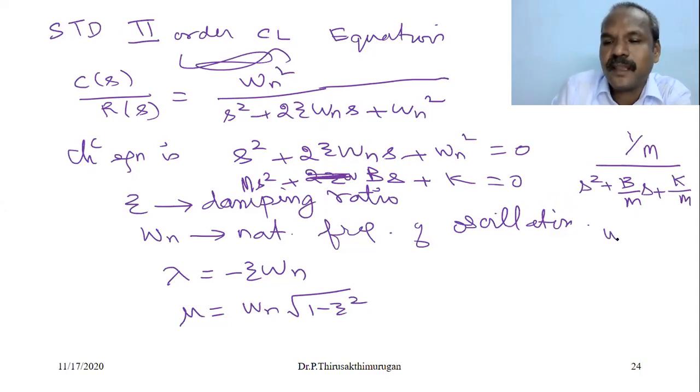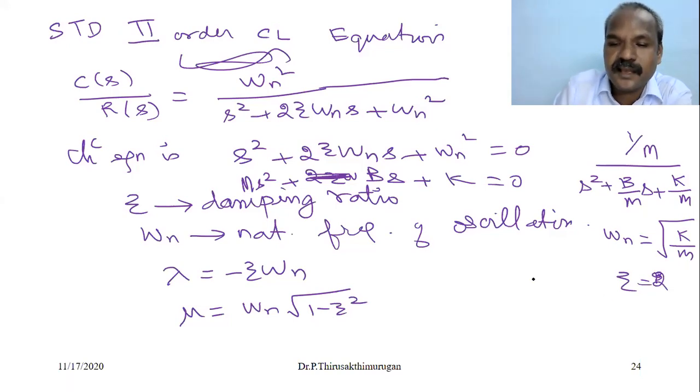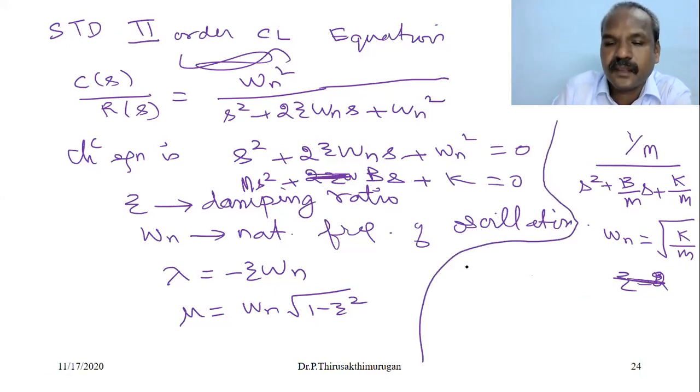So what is omega n? Omega n is square root of k by m. What is zeta? Comparing the s coefficient, 2 zeta omega n equal to b by m.